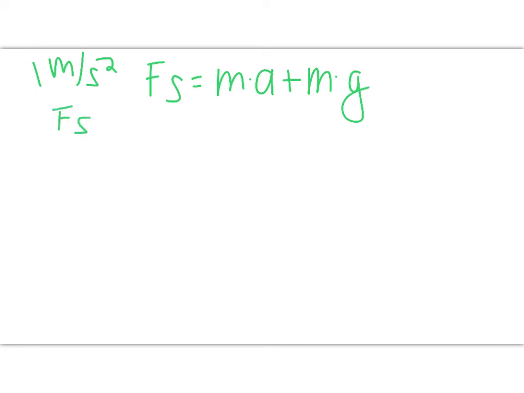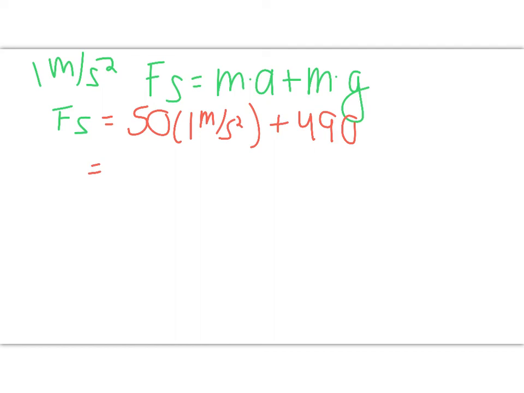So my force on my scale is equal to my mass, which is 50 kilograms, times 1 meter per second squared, plus my mass times gravity, which they gave to us would be 490, but we could also solve that ourselves. So this would give us, when we have an upward acceleration, our weight on our scale is actually more.